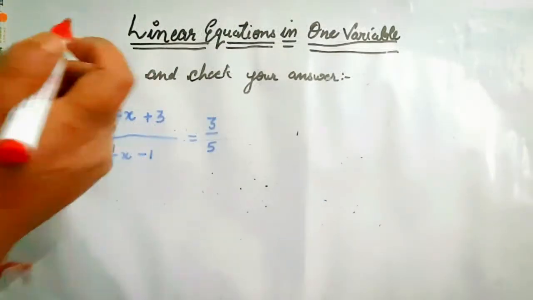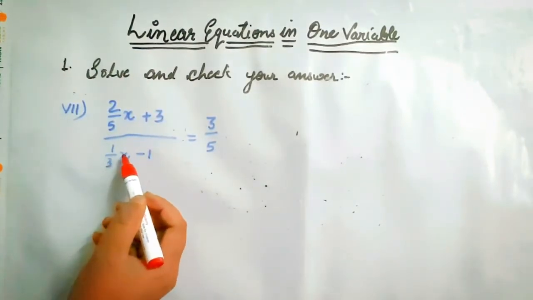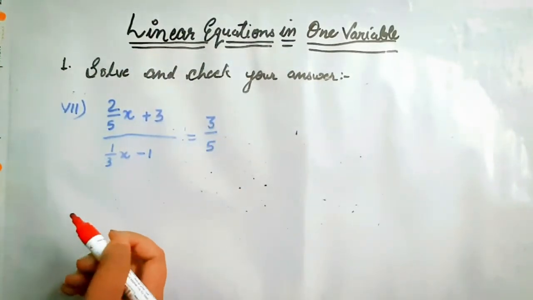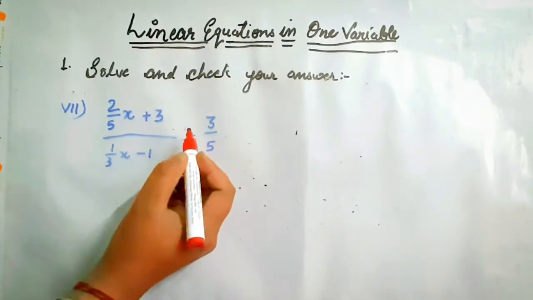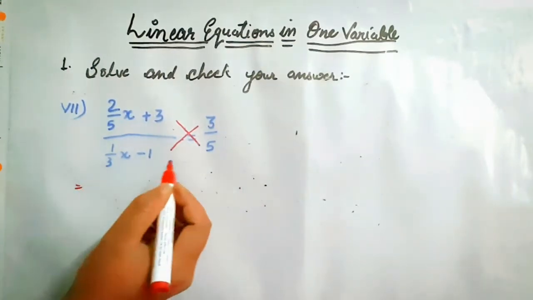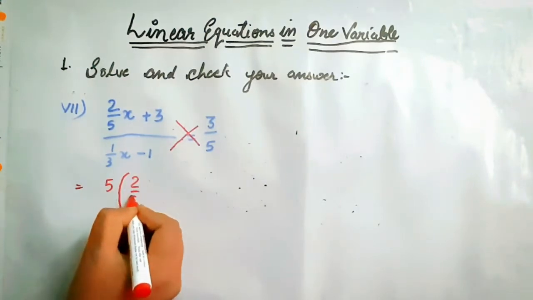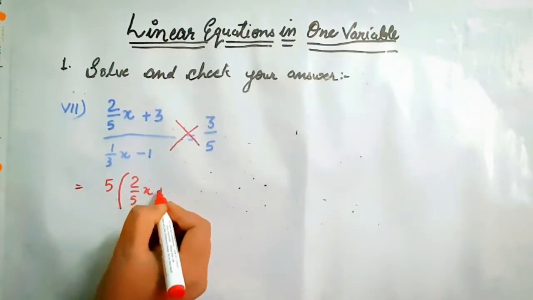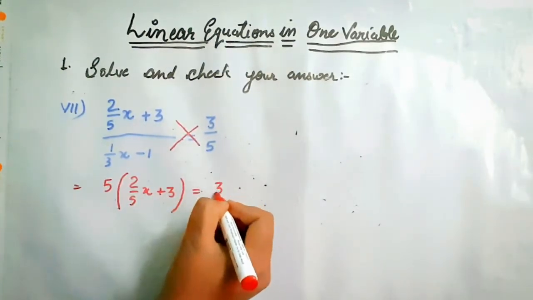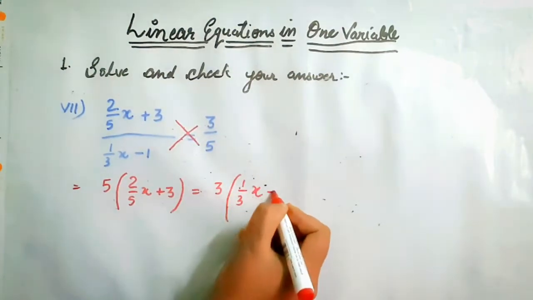Let us see one more question, that is 2 upon 5x plus 3 whole divided by 1 upon 3x minus 1 equals 3 upon 5. So here also, first of all, you cross multiply. Now what will happen? 5 multiplied by 2 upon 5x plus 3 equals 3 multiplied by 1 upon 3x minus 1.